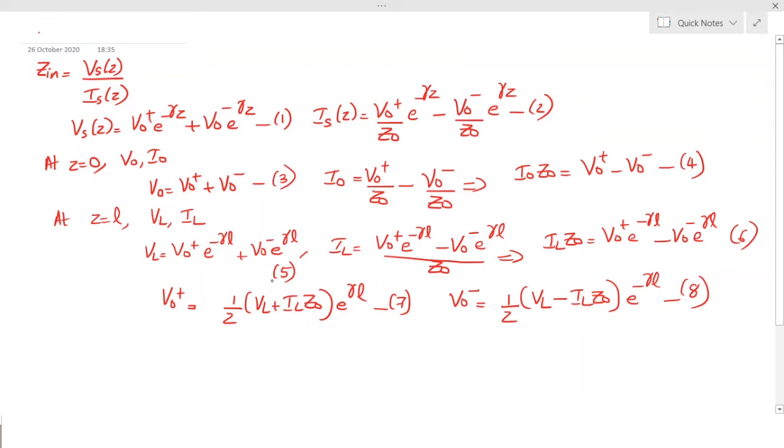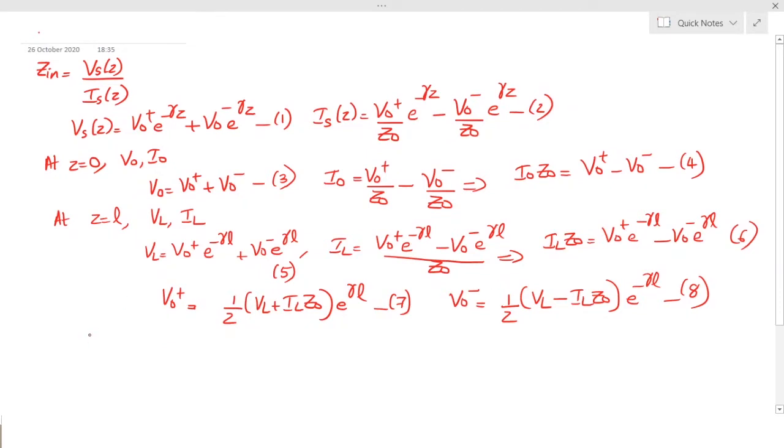And when you subtract, that is 5 minus 6, you will be getting VL minus IL Z naught is equal to 2V0 minus e raised to gamma L. From that you can calculate V0 minus. So after getting 5 and 6, you do 5 plus 6 to get the 7th equation, and 5 minus 6 to get equation 8. Now you have equations for V0 plus and V0 minus in terms of VL, IL and Z naught.